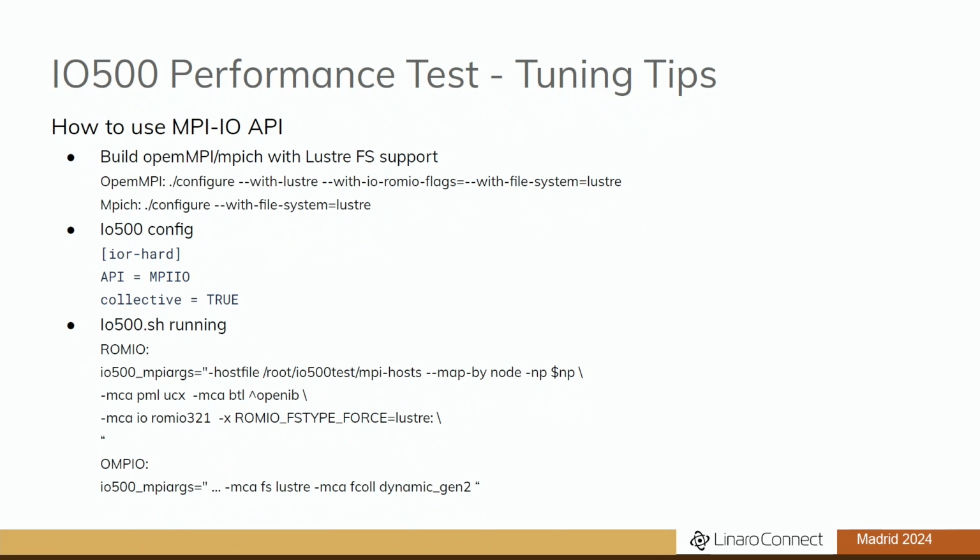Then in the IO500 configure, you need to specify the API to MPIIO and set collective buffering IO to true. And when running, we also need to specify the file system as Lustre.